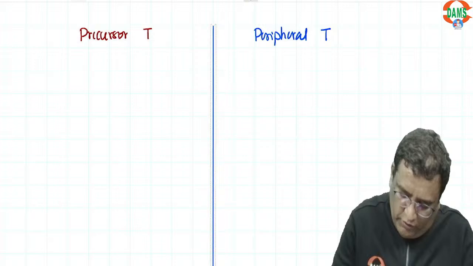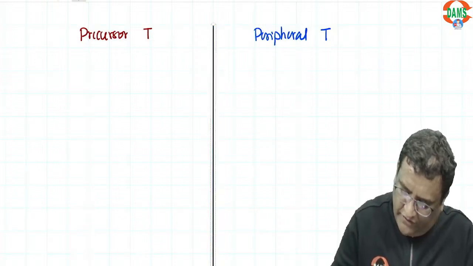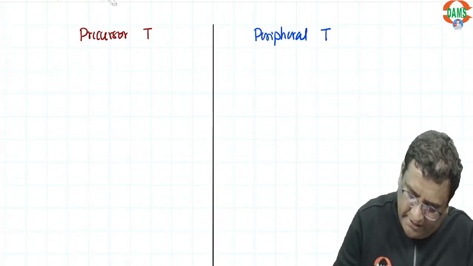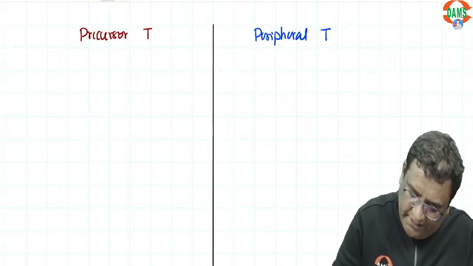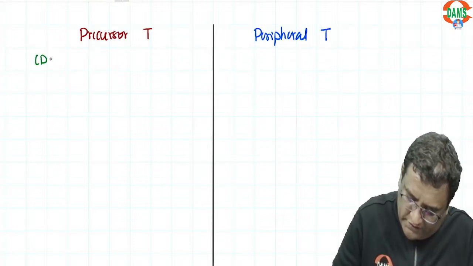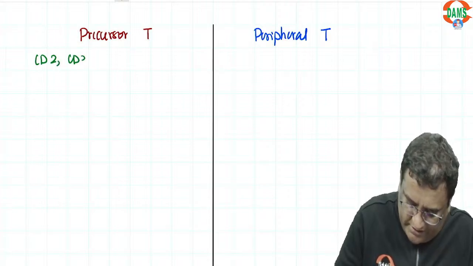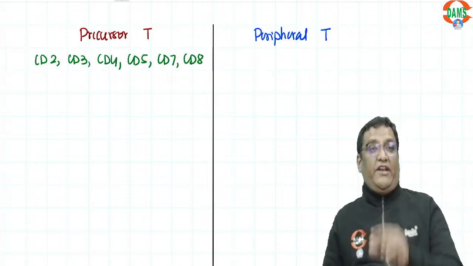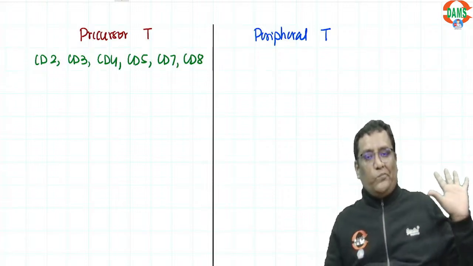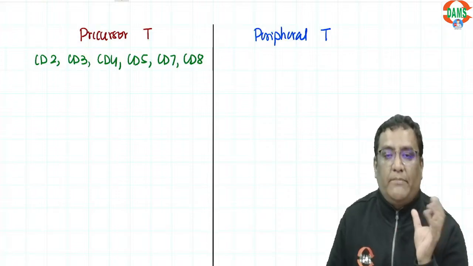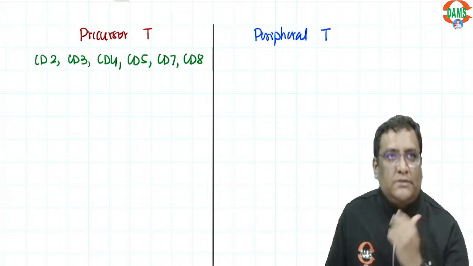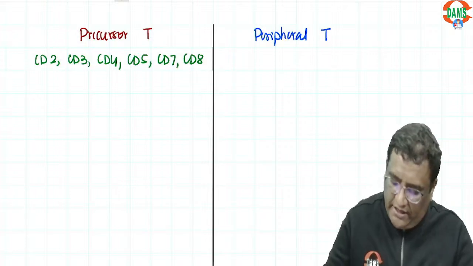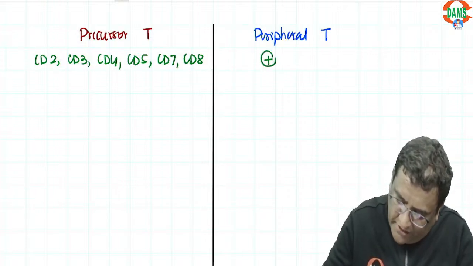Let me talk about markers first. What are the different markers of precursor T? Precursor T will show positivity for CD2, CD3, CD4, CD5, CD7, CD8. Even CD1, if you want to write. All single digit numbers are markers of T cell. Now, these are also positive in peripheral T cell as well.